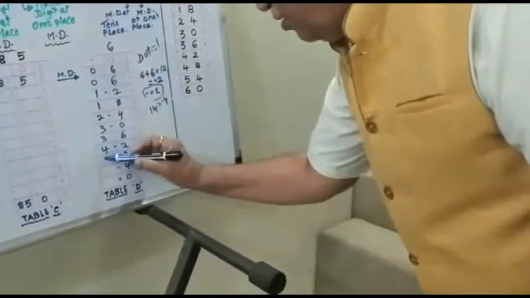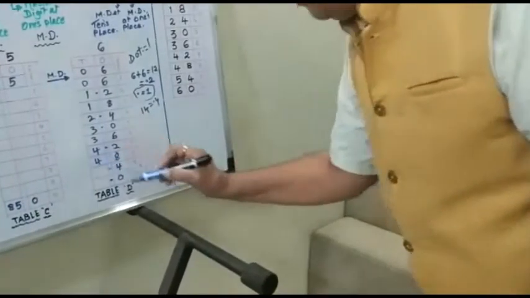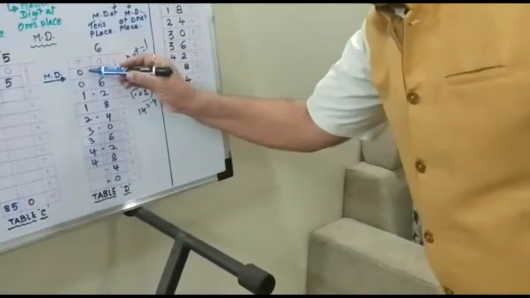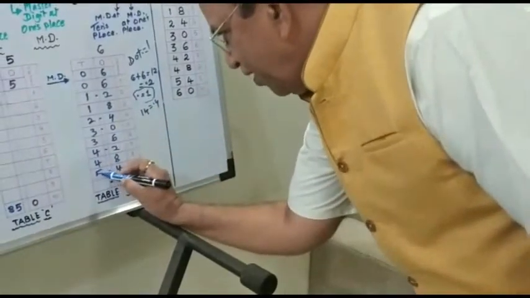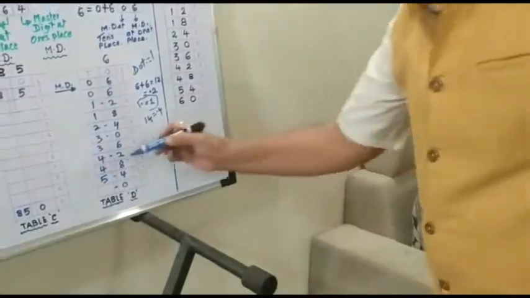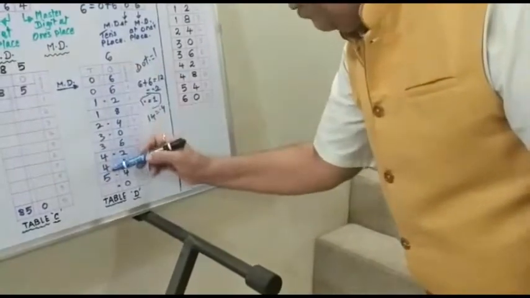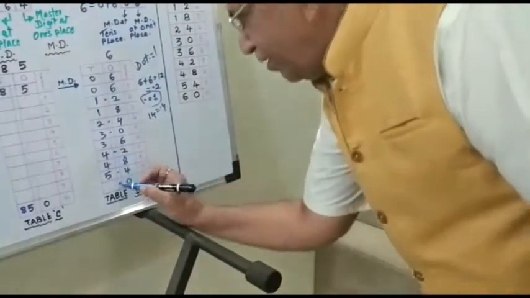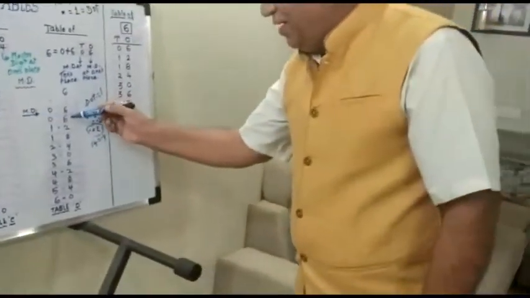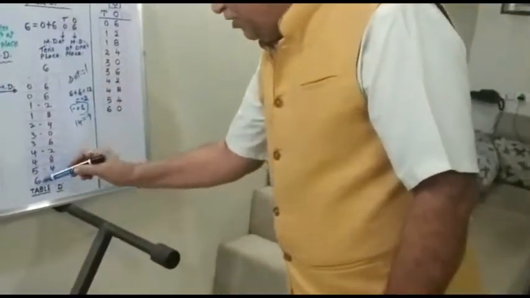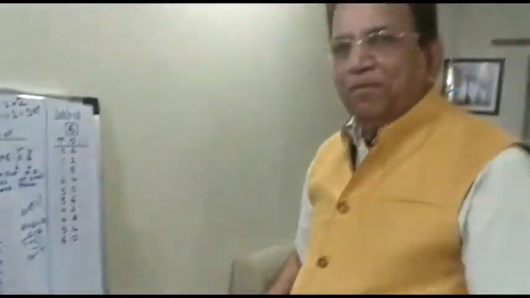There is no dot, so we put 4 here. Again 4 plus 0 is 4, but dot is here. So we have to put 5 here. Now 5 plus 0 is 5, but we have got a dot here. So it is 6. And see the things. 6 tens are 60, and we got this particular number.